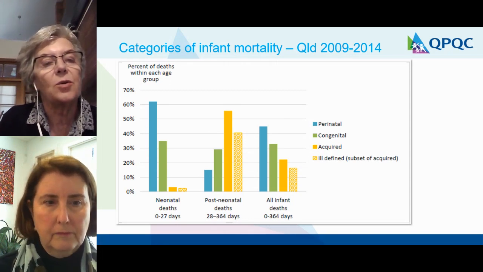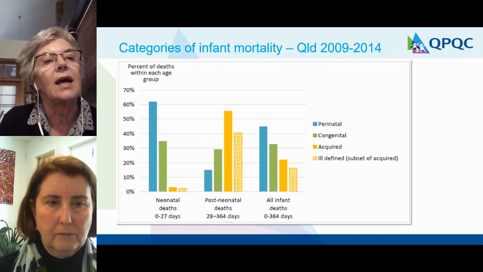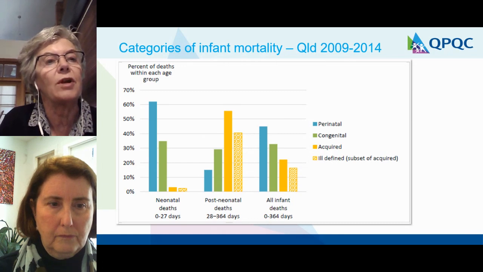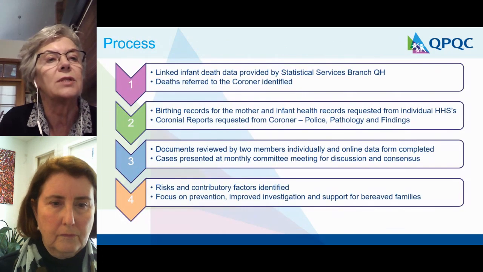So our process in the Quality Council is that we have an infant mortality subcommittee, and we receive linked infant data from statistical services, and from that we identify deaths referred to the coroner. And then we get records for the mother and for the infant requested from hospital and health services, and the coronial records.